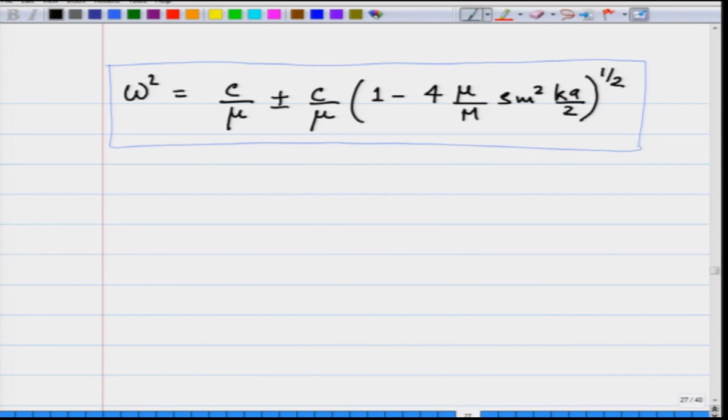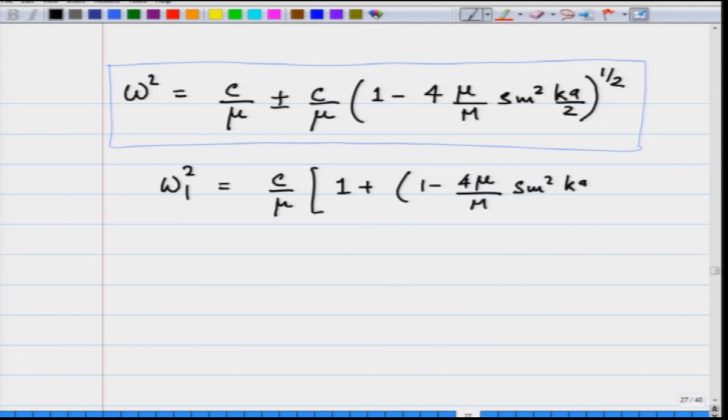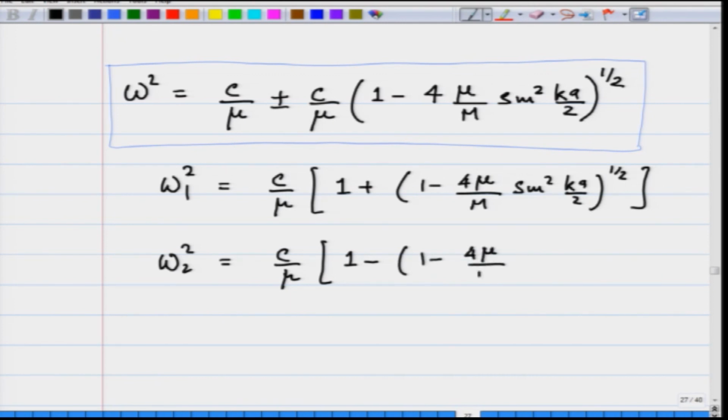Notice that it has two solutions. There is one omega 1 square, which is c over mu times 1 plus 1 minus 4 mu over m sine square k a by 2 raised to 1/2, and omega 2 square, which is equal to c over mu times 1 minus 4 mu over m sine square k a by 2 raised to 1/2.